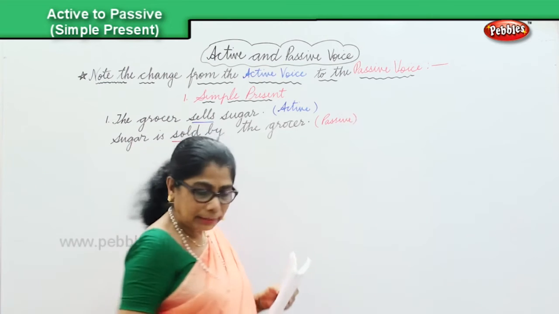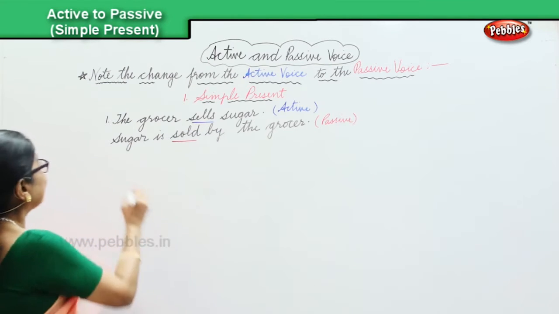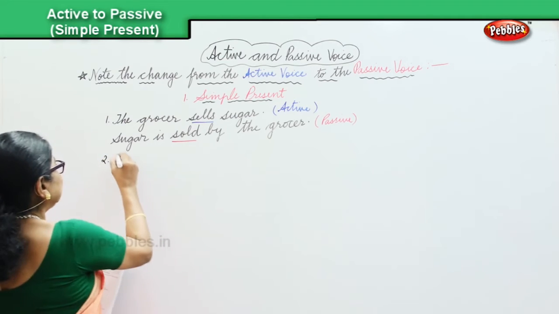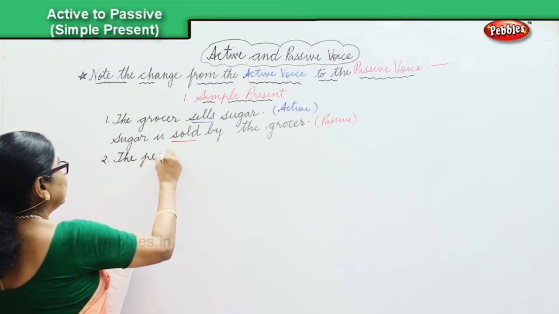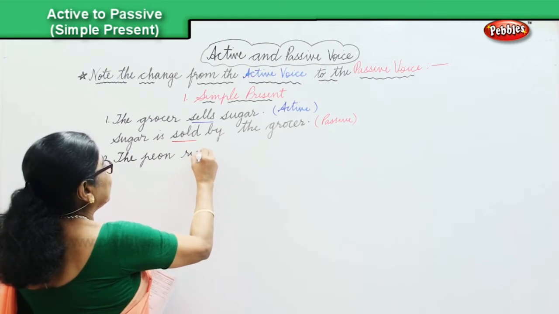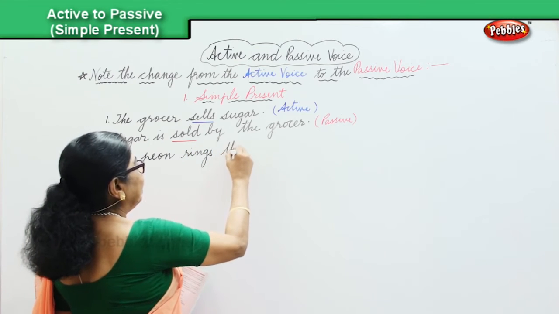Now we'll do other sentences for us to look at. Next. Another sentence for you. The peon rings the bell.